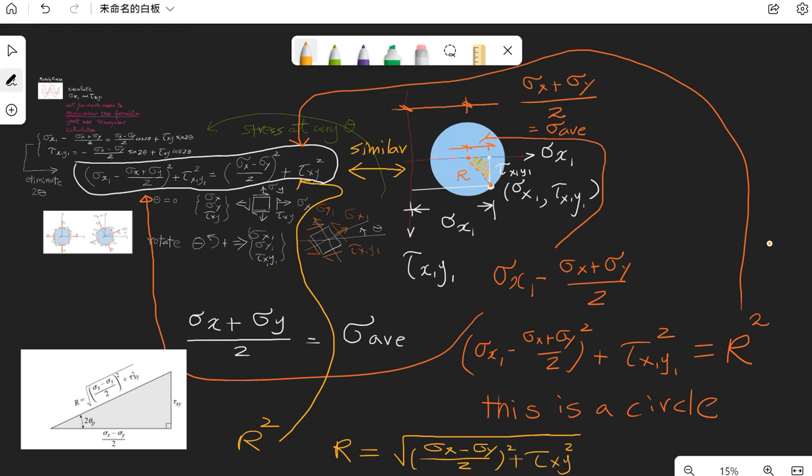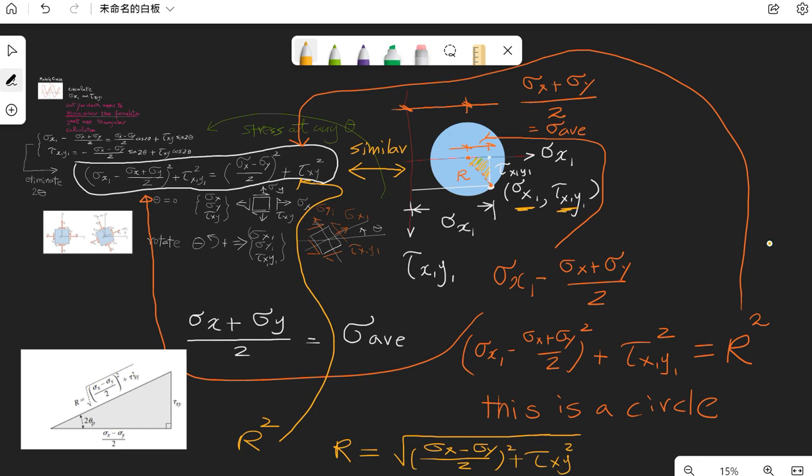So after that, you don't need to remember any formulation. You just know the position of any point on the circle, and you will know the stress.